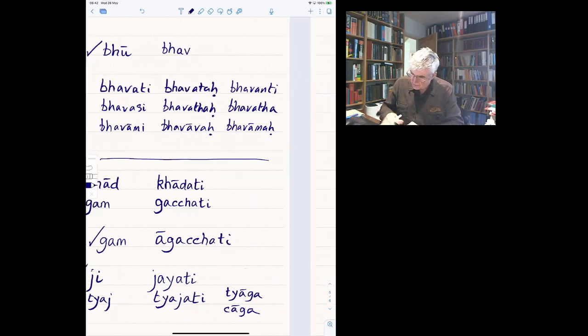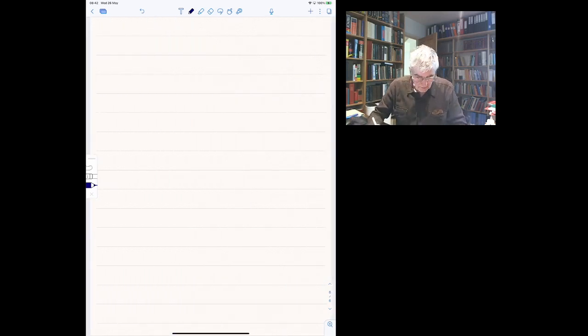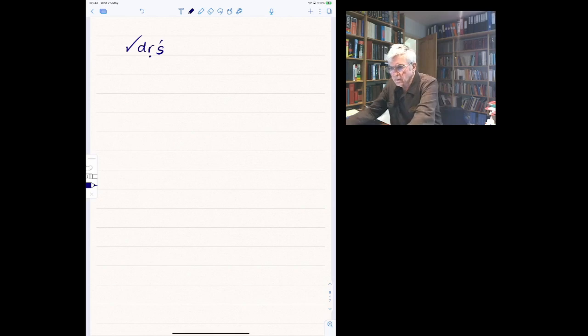Now the next one, the root, this verb to see, and the Devanagari is drish. This is quite an unusual verb. Now, normally we would expect a verb like this, drish, to see.